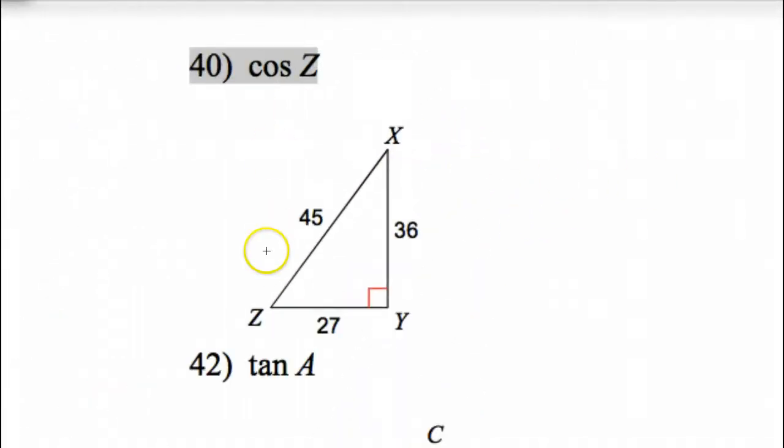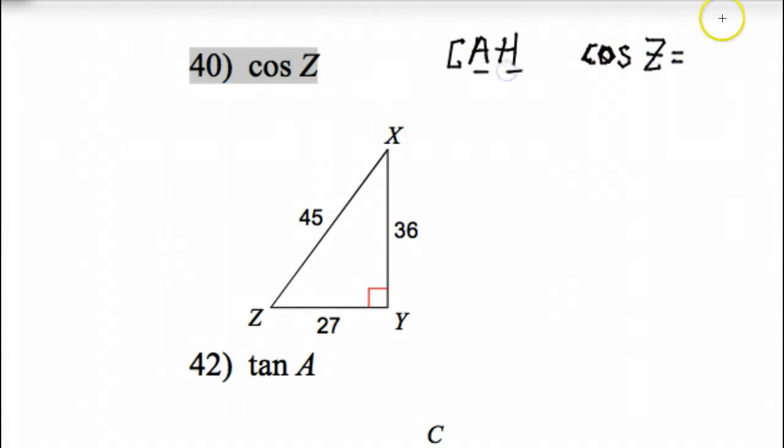Cosine would be my CAH group from SOHCAHTOA. So cosine of z equals the adjacent over the hypotenuse. Piece of cake.